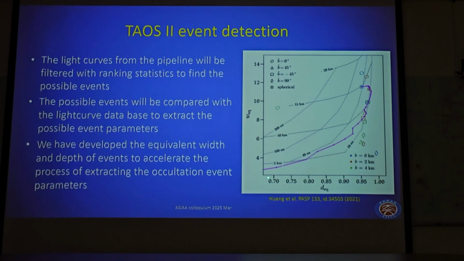These are models that we generated from the light curve data. Here you can see we define equivalent width and equivalent depth of the occultation events. With these 2 parameters, we hope that we can quickly converge to the real possible event parameters.